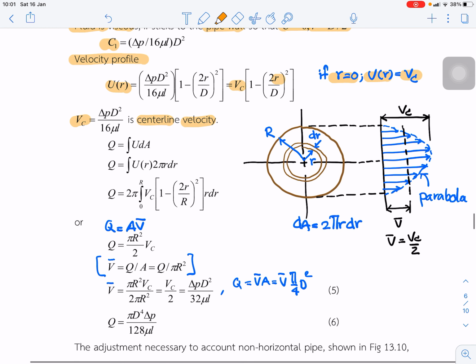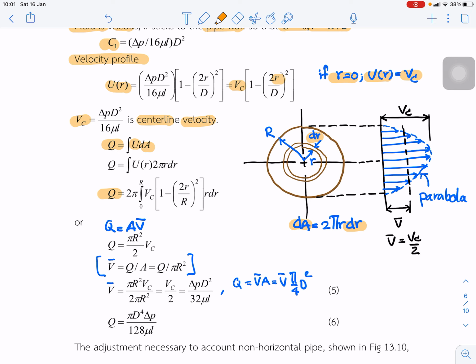The next step, if you want to find the flow rate along this pipe, you can integrate u dA, where dA is equal to 2 pi r dr, and r is the small length of radius. We substitute u in this equation and get this equation.